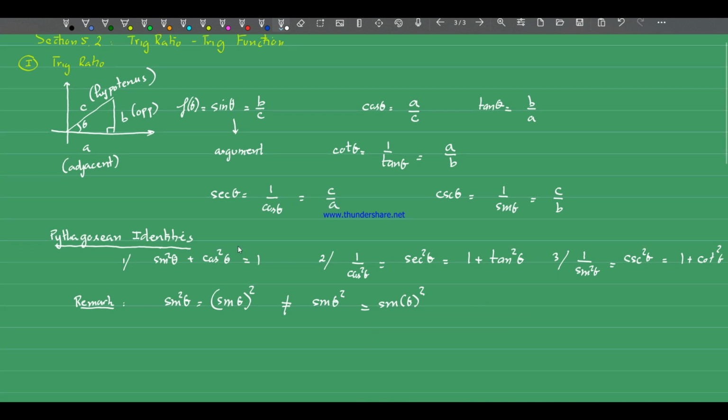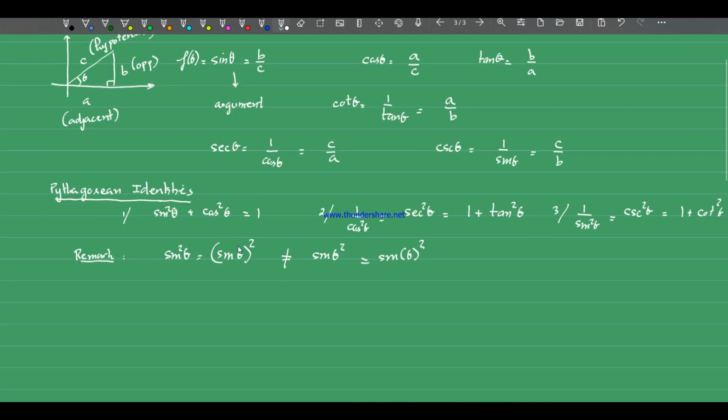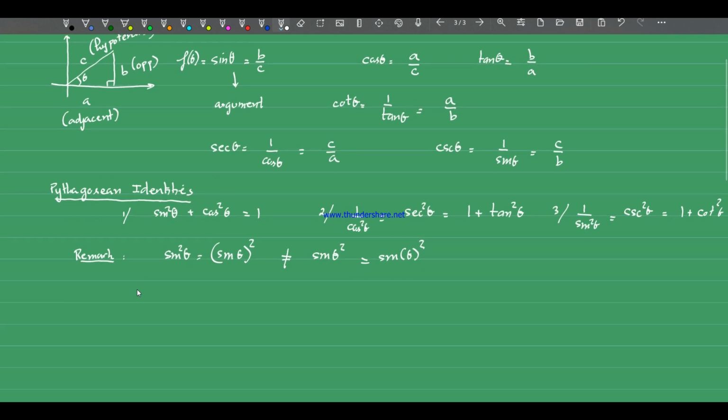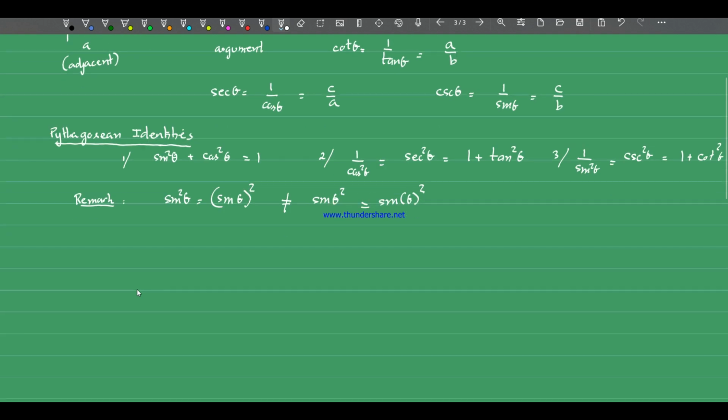All right, other than that, we also have, I think I should put it up here, the quotient identity. Quotient is fraction.